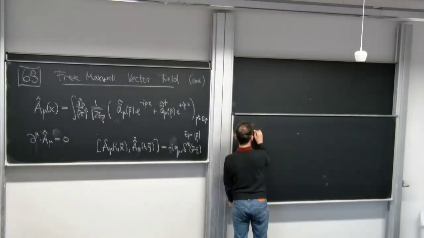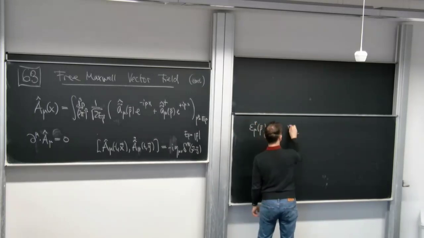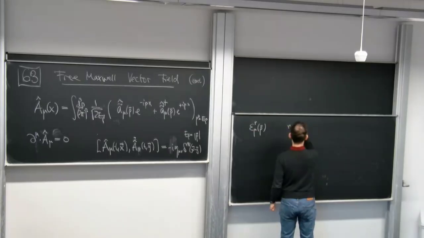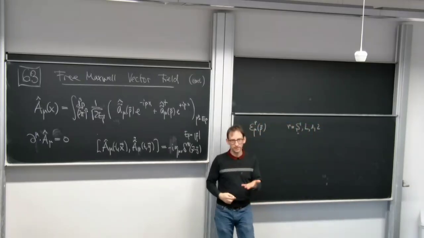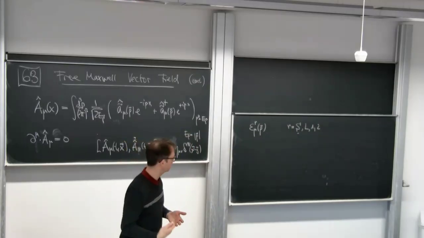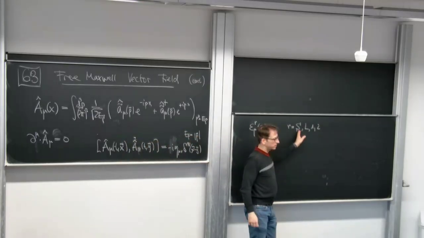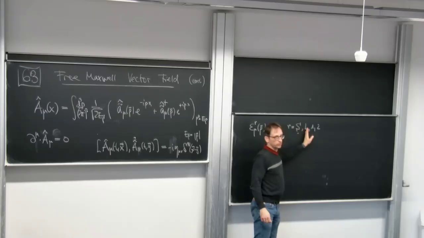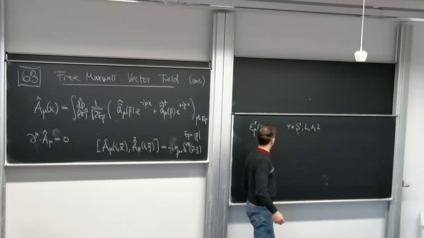So we have ε^μ, and these are four vectors, and they are not labeled 1, 2, 3, 4. That will be simple. They are labeled S, L, 1, and 2. And S and L are names for directions. They are not variables where you can put stuff in. But this means the S direction, the L direction, like in x, y, z, the 1 and the 2 direction. S stands for scalar, the time-like direction, and L stands for longitudinal. It's the direction of p, and these are the two transverse ones.